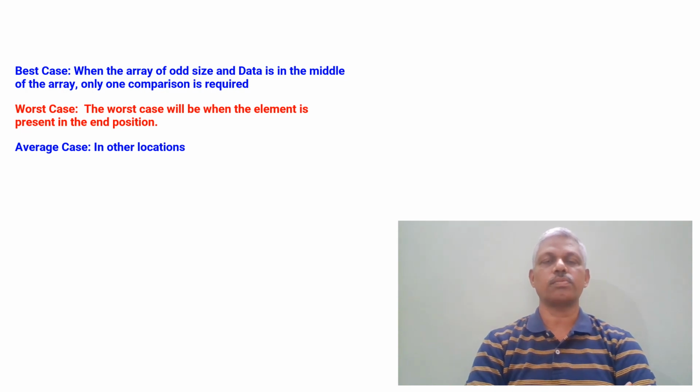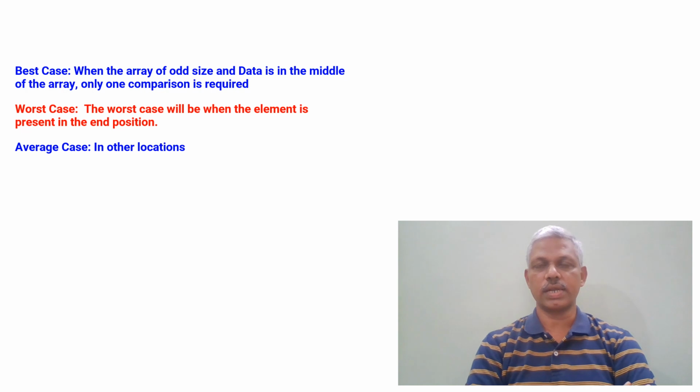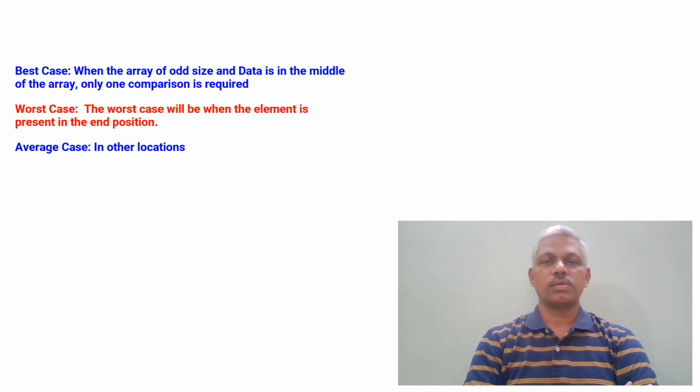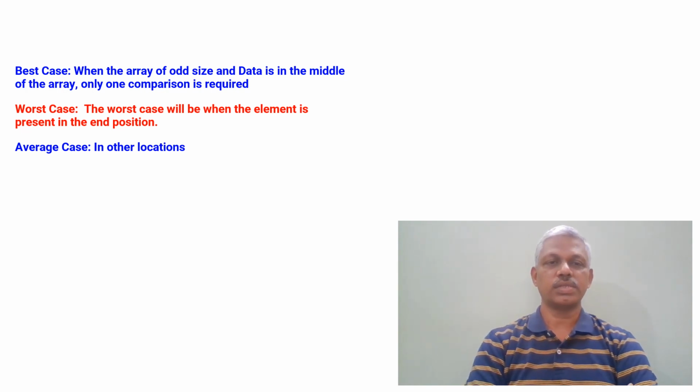In that case, the array has to be halved at each point, and gradually you have to reach the end. So that is the worst case scenario, because the maximum number of comparisons will be required. If the required value is somewhere between the middle and the end, in either case, then it becomes the average case.